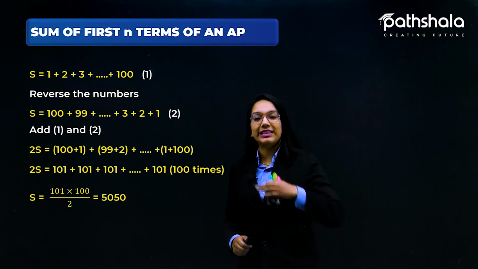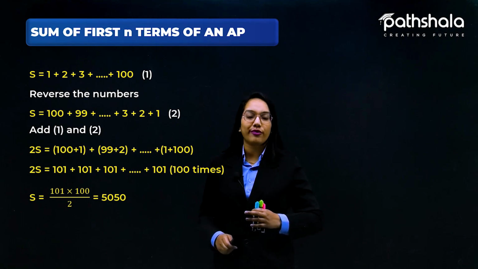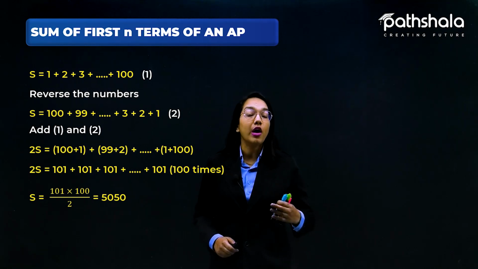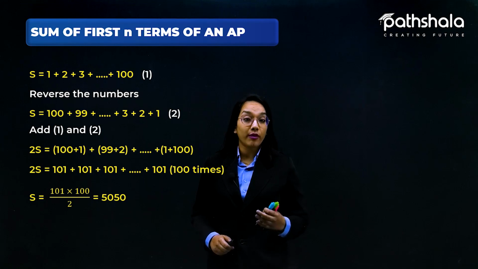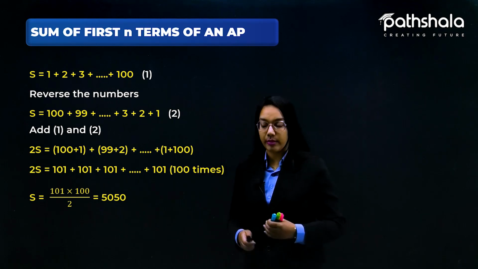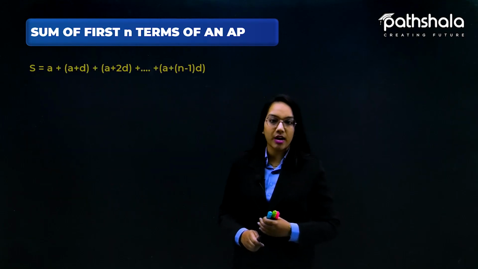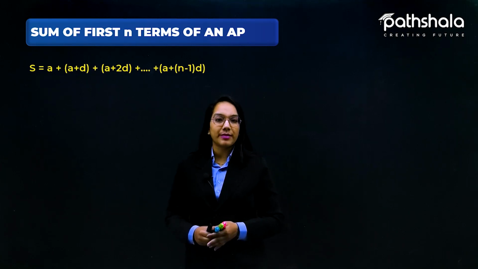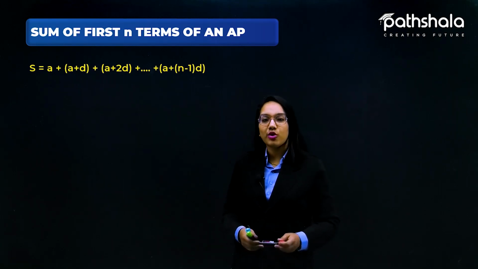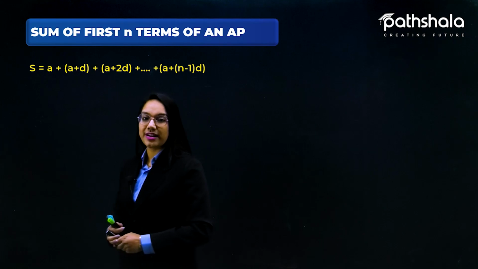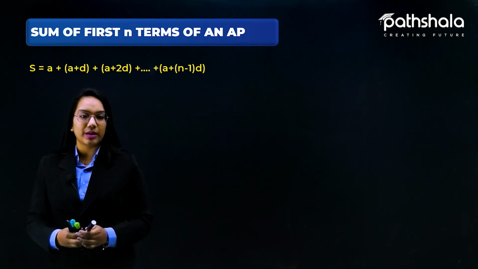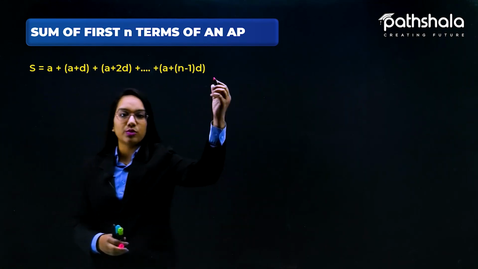Now I'm using this particular method to find the general formula for the sum of the first n terms of an arithmetic progression. Let's start with the general n terms of an AP. We can represent the sum as a, a plus d, a plus 2d, and so on, up to a plus n minus 1 into d.